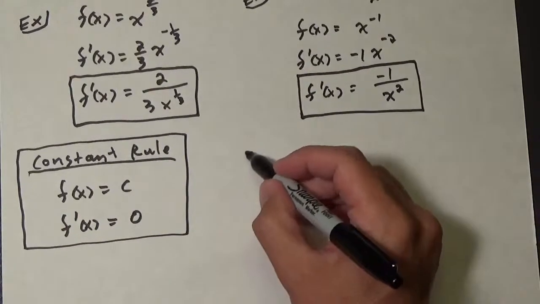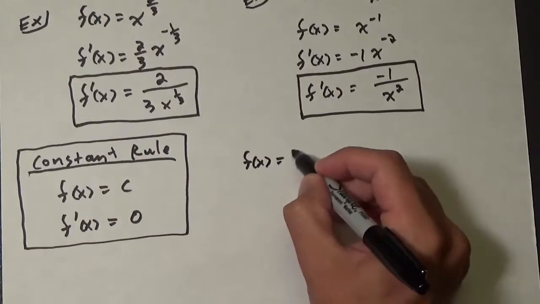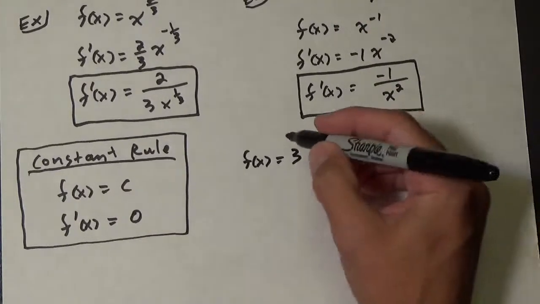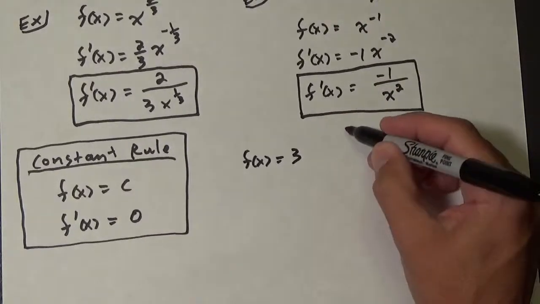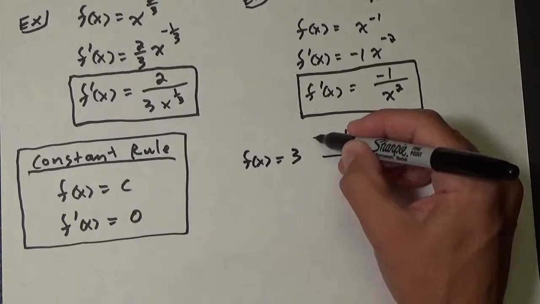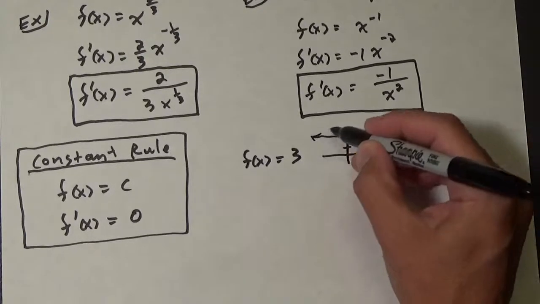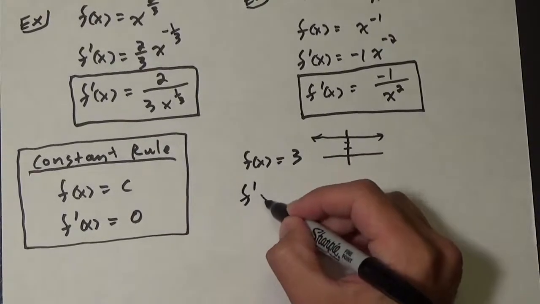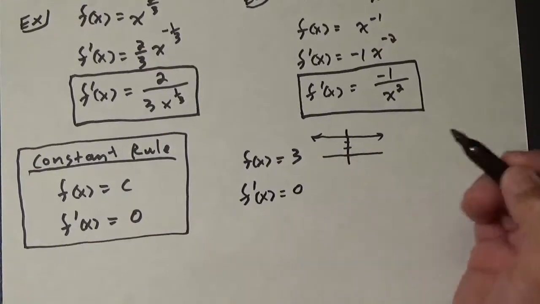So let's say we have f of x equals 3. Now if I were to quickly sketch this, it is just a horizontal line at 3. That's it right here. So the slope of that line is 0, no matter where you are. So the derivative is 0.